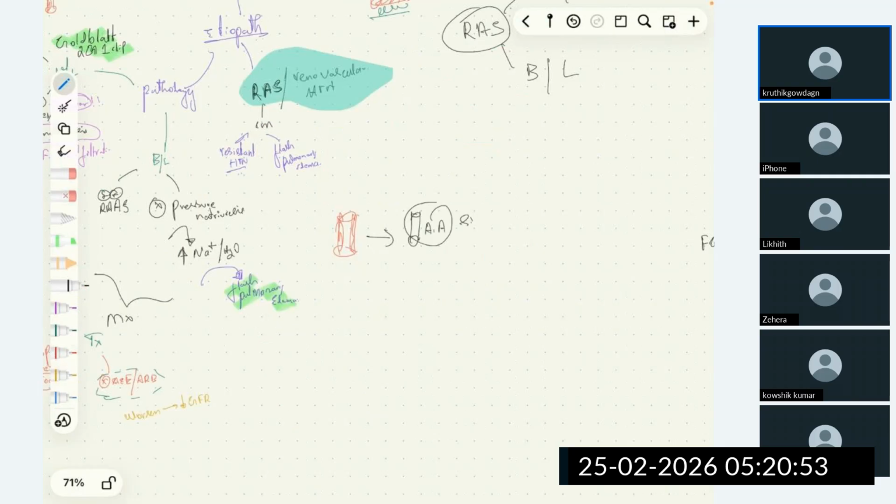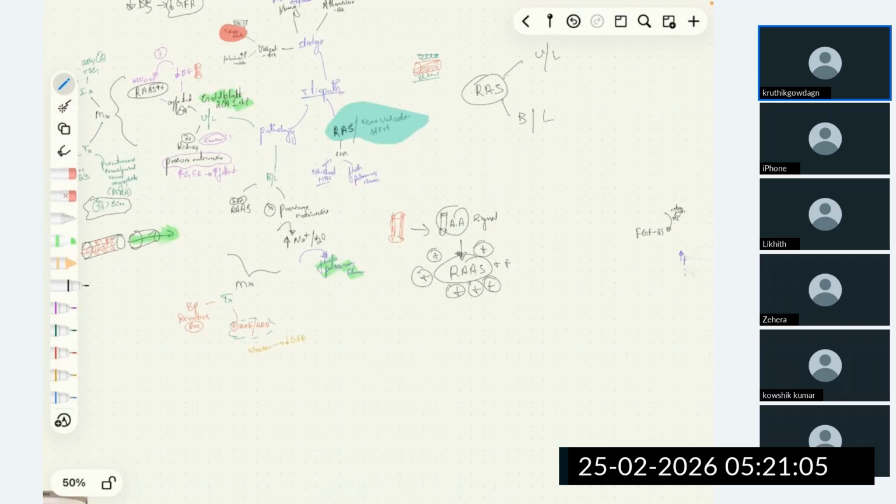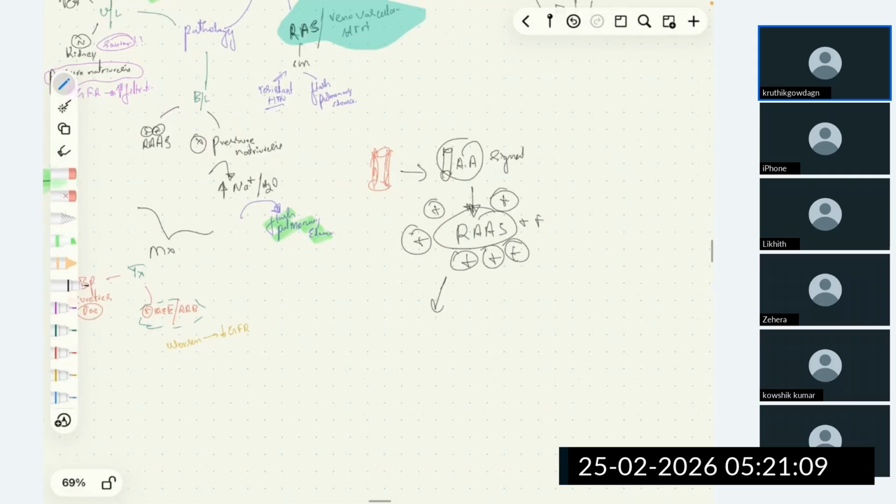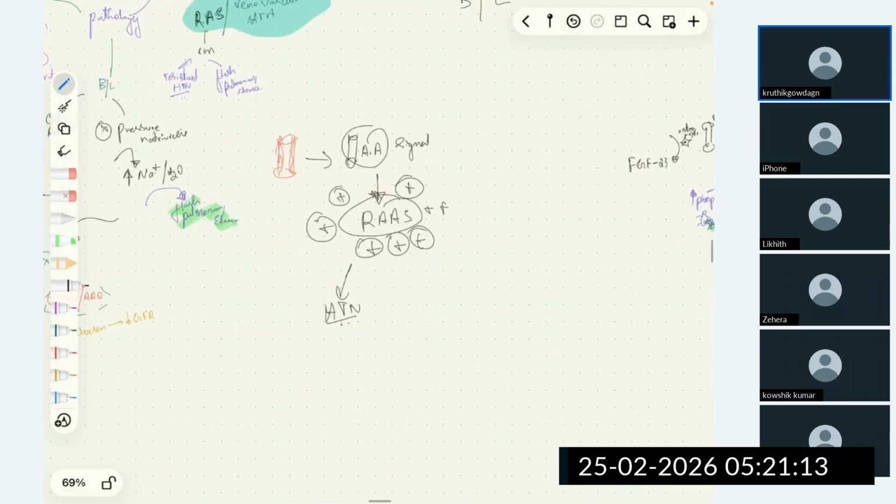Myogenic response. Both sides RAS activation. There will be severe activation of the renin angiotensin aldosterone system, leading on to development of hypertension. I explained how hypertension previously, and also flash pulmonary edema.